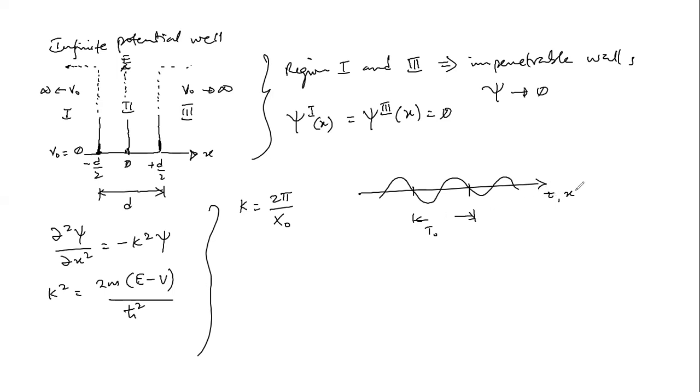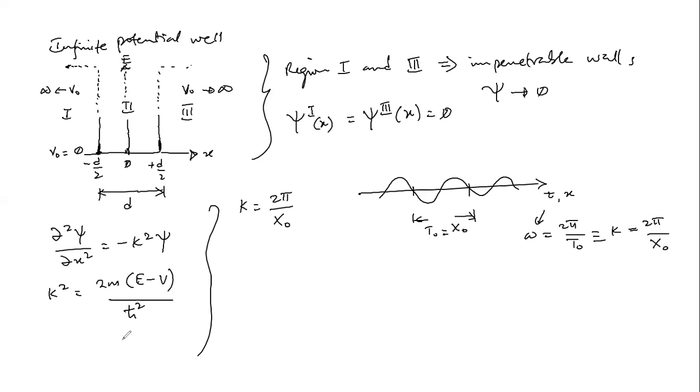Now that we have to consider the scale in terms of position, then it is x naught, such that when we consider the time plane, then we have the angular frequency being the same as 2 pi over T naught, which is equivalent to the wave number being the same as 2 pi over x naught.